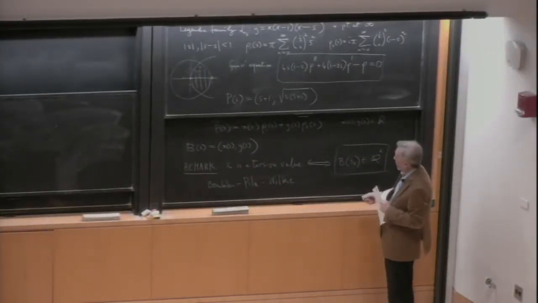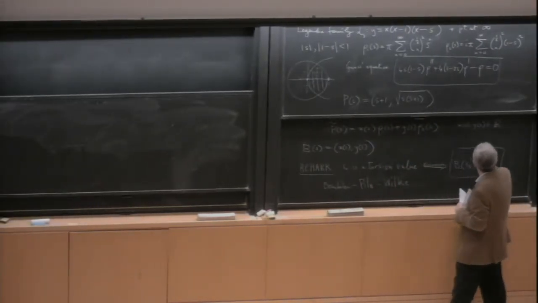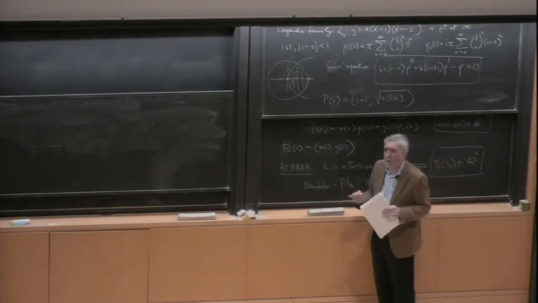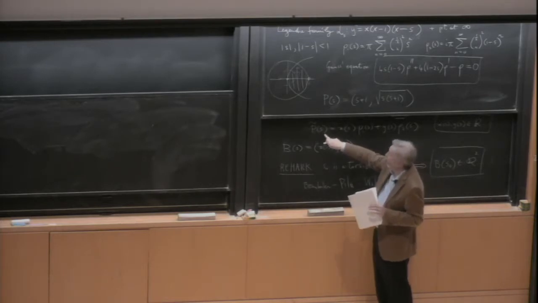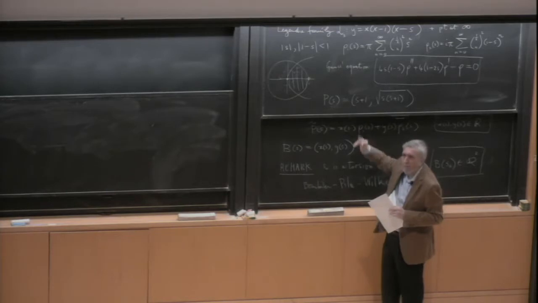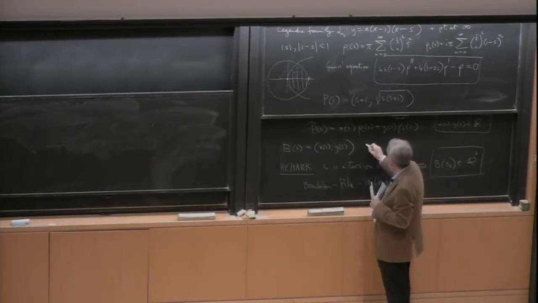A comment about the Betti map is that it is a real map. So it is not an analytic map anymore. It is locally real analytic. The periods are locally analytic, but the Betti map is not complex analytic. It is real analytic.